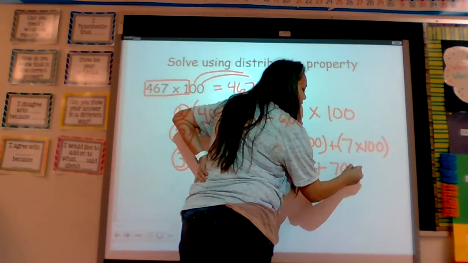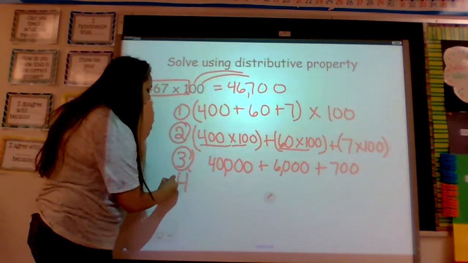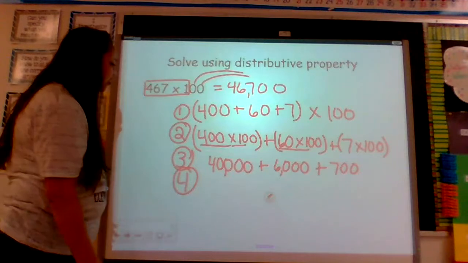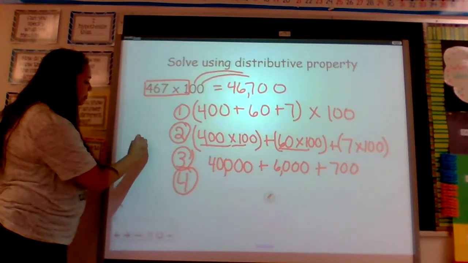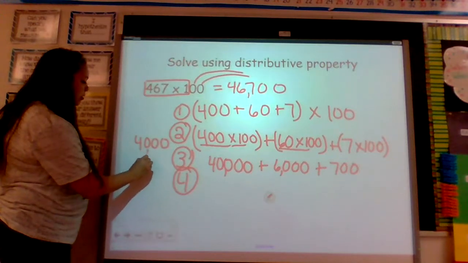Most of you know that already is 700. Now the last step is add all of this together. And it is okay if we need to come out to the side and put them 2 numbers at a time.